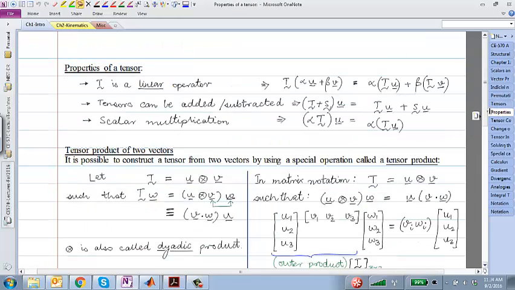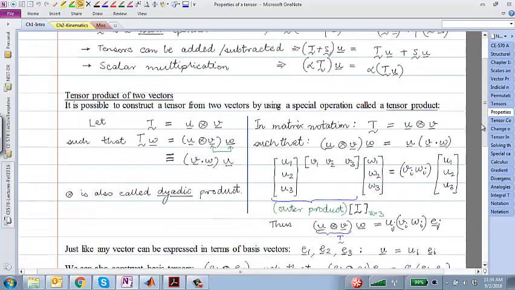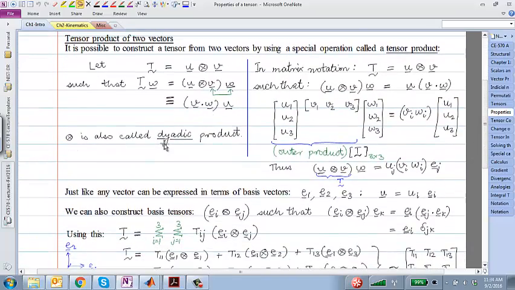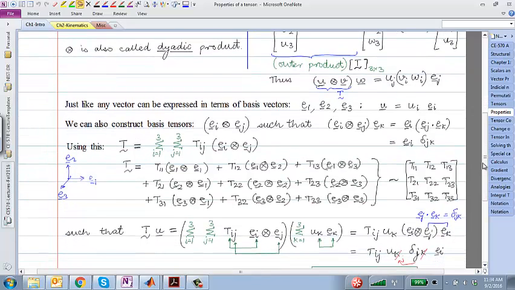All right. So in terms of properties, we were looking at linearity, how tensors can be added and subtracted. We introduced this dyadic product last time, of how you would construct a tensor using two vectors. And we saw something called a tensor basis, just like we have a basis set of three basis vectors to define a vector v1, v2, v3. In the same way, tensors have these 9 basis elements, which are denoted by e_i dyad e_j.